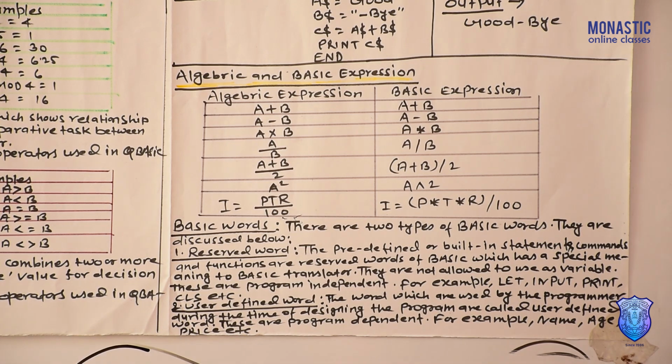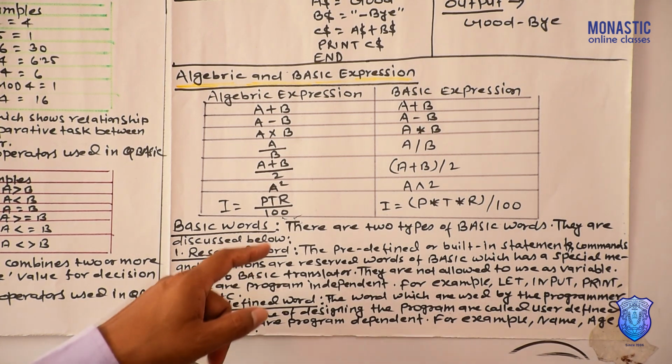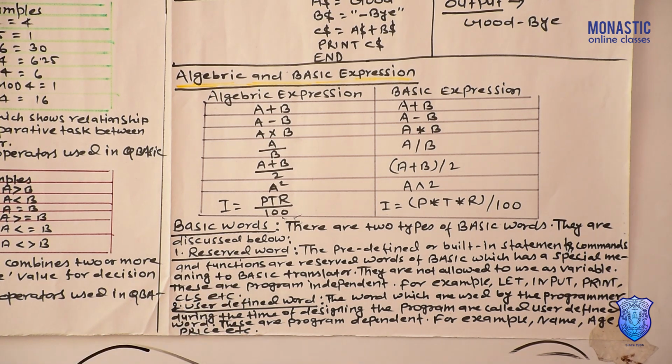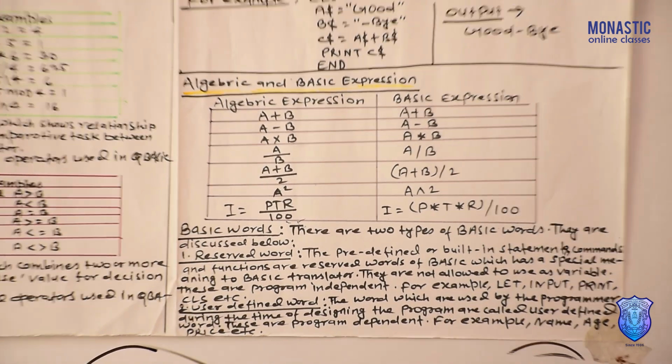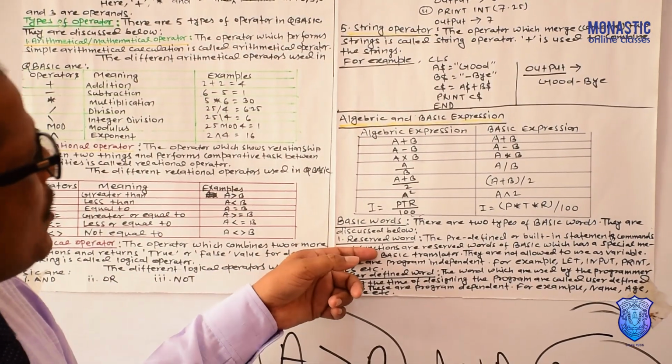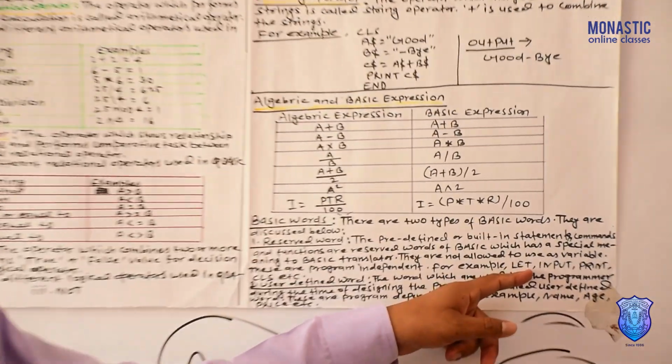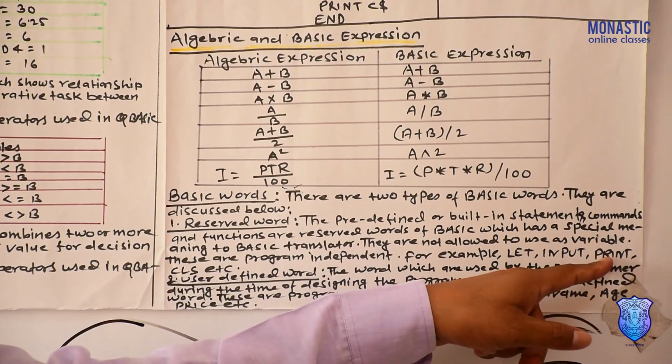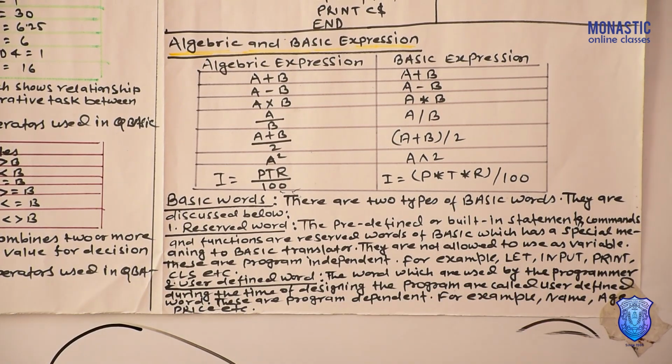They are not allowed to be used as variables. If you use reserved words as variables, it is considered invalid. Different reserved words are LET, INPUT, PRINT, etc.